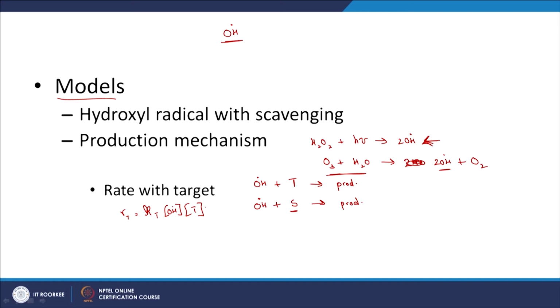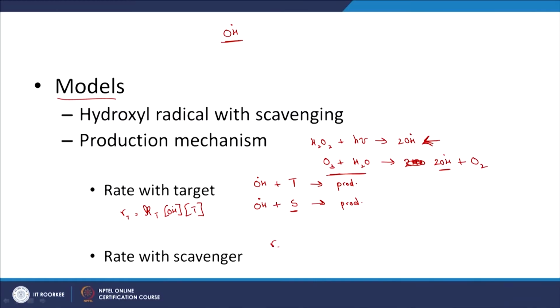Keep in mind that when we write the rates here, finding out the rate would be relatively difficult in this equation. Why is that? The hydroxyl radicals have remarkably low half lives. So, it is remarkably difficult to measure the hydroxyl radical concentrations. That is one aspect that we need to keep in mind.